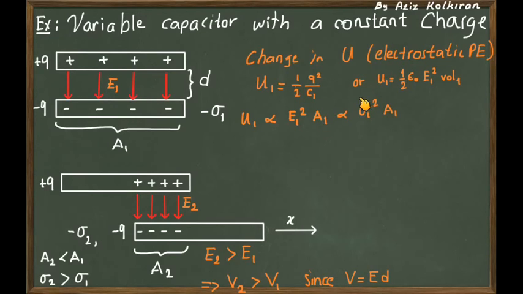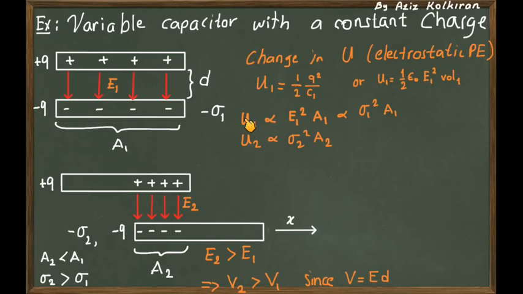Since E1 squared is proportional to sigma 1 squared, the charge density over the surface, in turn we can express this proportionality as sigma 1 squared times A1, and of course we can write down the same proportionality for the electrostatic potential energy of the second case, U2. It will be proportional to sigma 2 squared times A2.